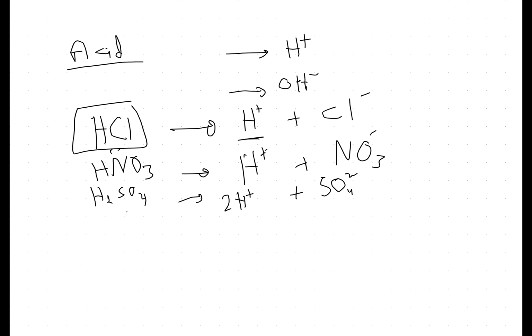It will liberate 3H plus and phosphate. This is what they call a bi-acid, this is a monoacid, and this is a tri-acid. So the number of H plus liberated decides the type of acid. This is what Arrhenius said.